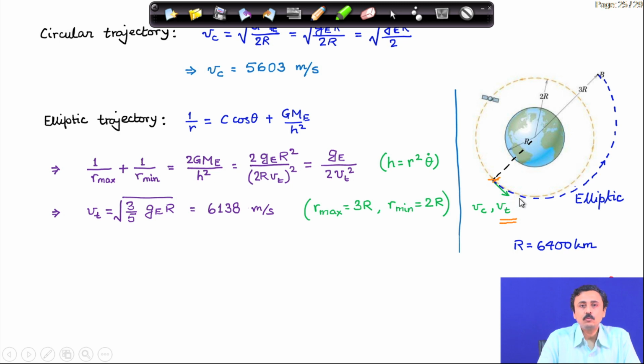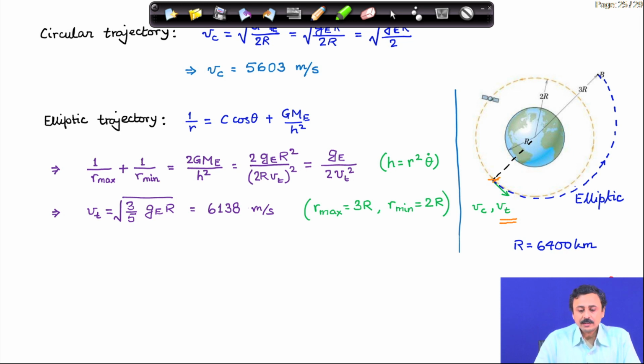R min is 2 times the radius of the earth and R max is 3 times the radius of the earth. Once you substitute everything, the straightforward algebra will lead you to the tangential velocity at the perigee for the elliptic path, for the particle to traverse on the elliptic path, which should be 6138 meters per second.